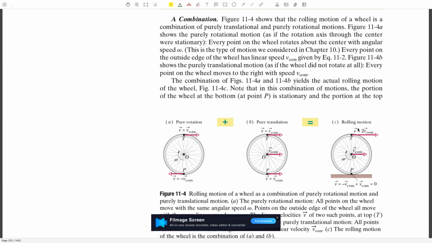Wait, so why is omega negative? Because typically, I'm assuming, the book said negative 0.11 omega as the answer. Clockwise is typically negative in these problems when you're dealing with angular velocity, and counterclockwise is positive. So if v is positive, then omega is negative, and vice versa.